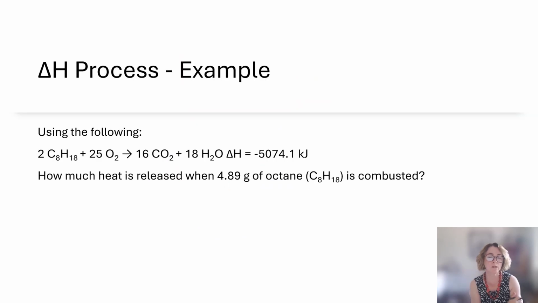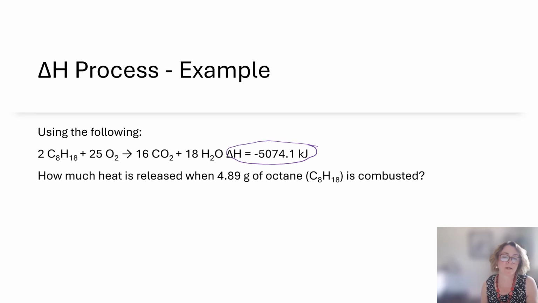All right, so here is the reaction we are going to be taking a look at. This is actually the burning of octane. Octane is the primary ingredient in gasoline, so if you drove to school or anywhere today, this is the reaction that allowed you to get there. In this reaction, I've given you the overall balanced equation, and I have given you delta H, which is negative 5,074.1 kilojoules.